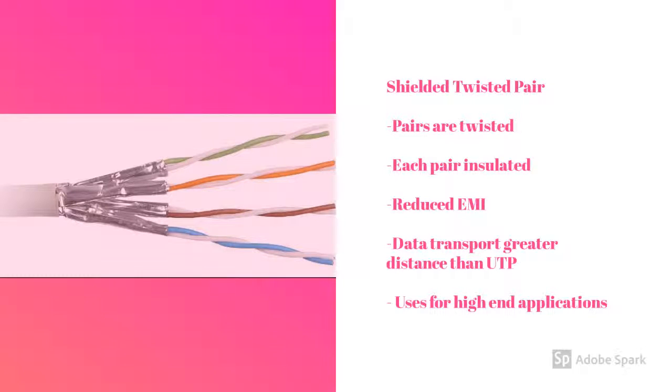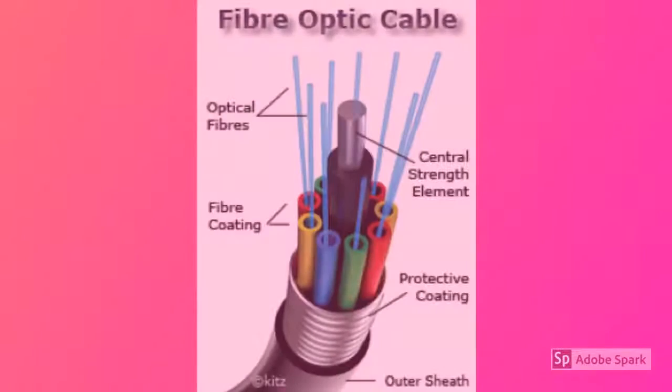The extra covering protects the wires from electromagnetic interference leaking out of the cable and is able to transport data over a greater distance than UTP cables. STP cables are still used in Ethernet networks, but are for faster data rate Ethernets and used for high-end applications.